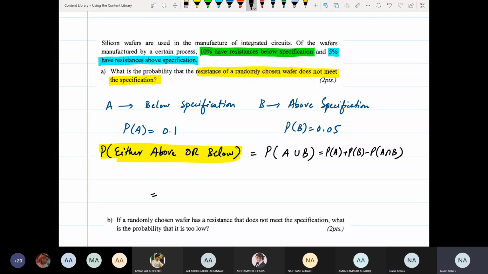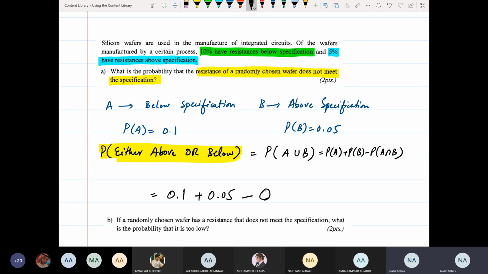Amjad. Probability of A is 0.1, B is 0.05, and A intersection B is 0. Why is it 0? Because they have no connection between each other. And from where did you get this information that there is no connection? This is important.